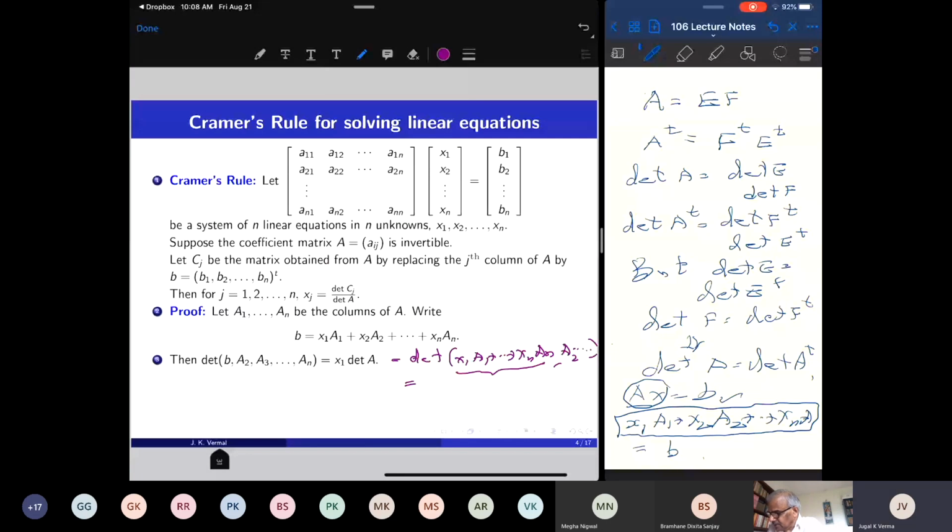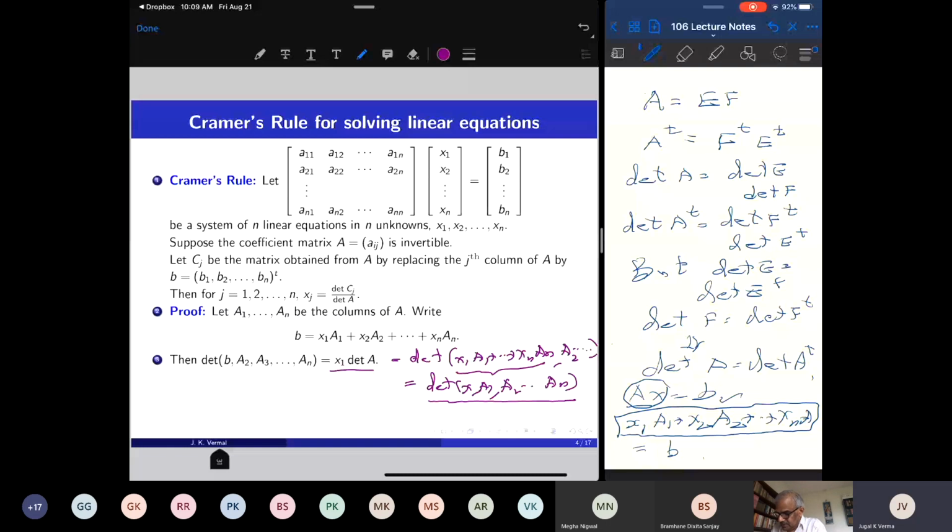The other terms will become zero because you will encounter matrices which have two identical columns, right? So I get the determinant of x1 A1, A2, ..., An, and again by multilinearity, this is x1 times the determinant of A. This is my matrix C1.